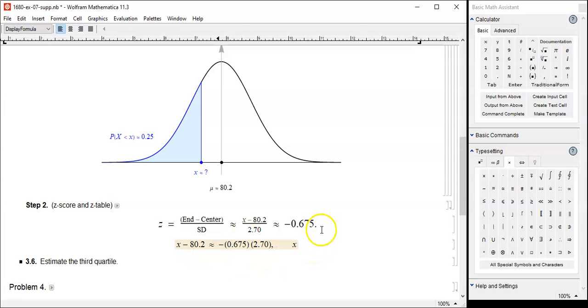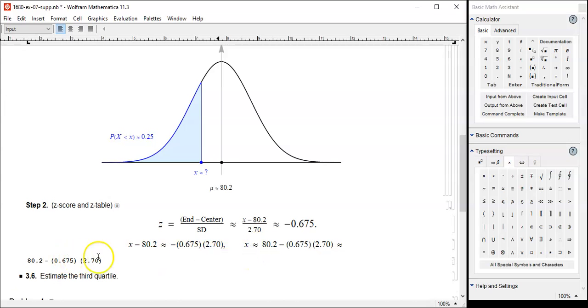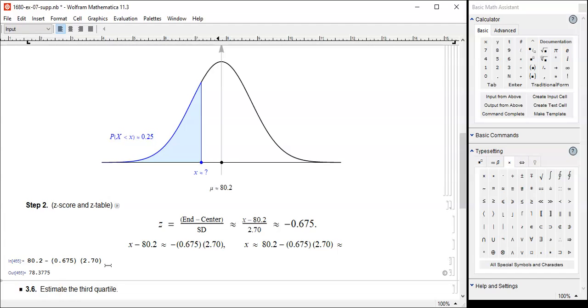Then we get x is approximately equal to 80.2 minus 0.675 times 2.70. Okay, this way I don't have to punch in twice. Just calculate it. And that's gonna be my first quartile. What do I get? 78.37 something, approximately speaking.